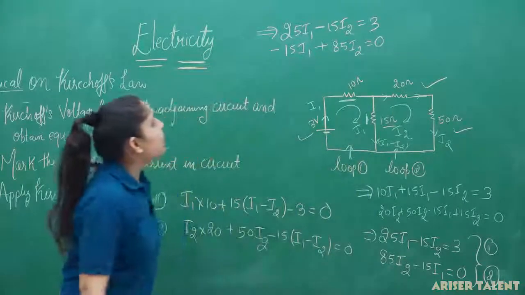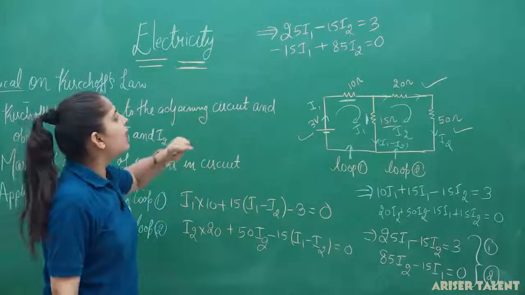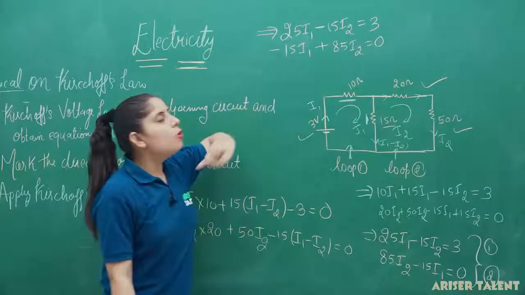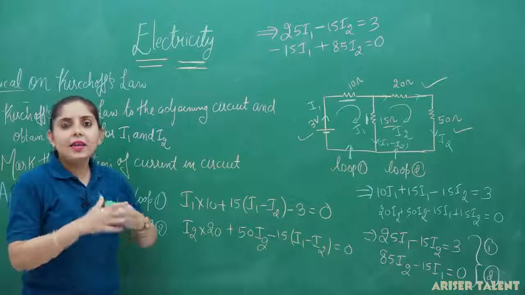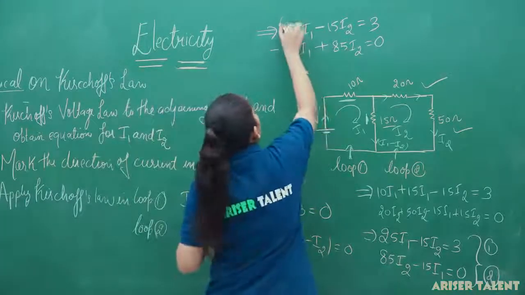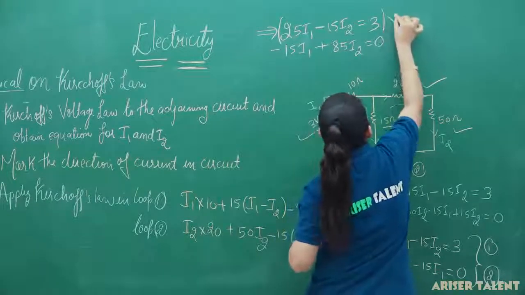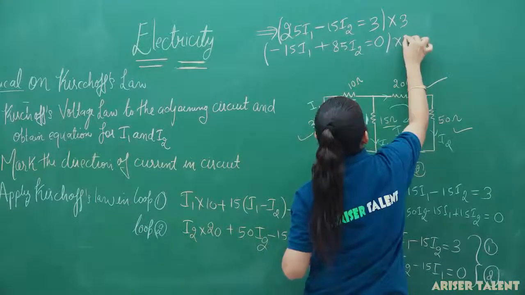Now, if I have to equate the coefficients, I will take the common multiple of 25 and 15, which is 75. So, I am multiplying the first equation with 3 and the second equation with 5.